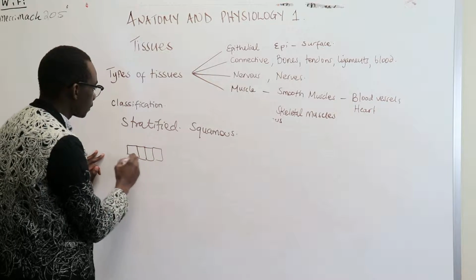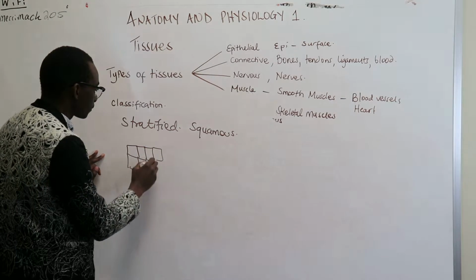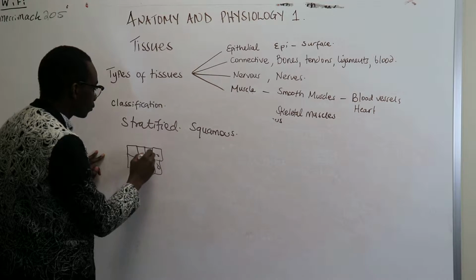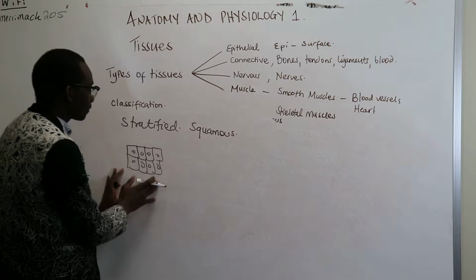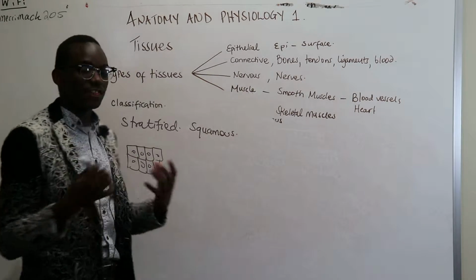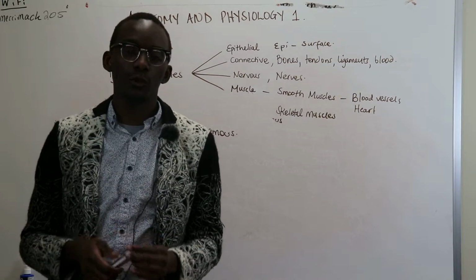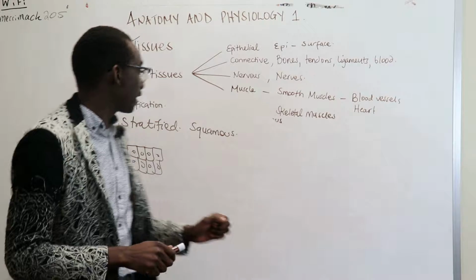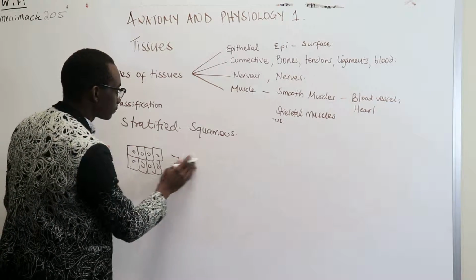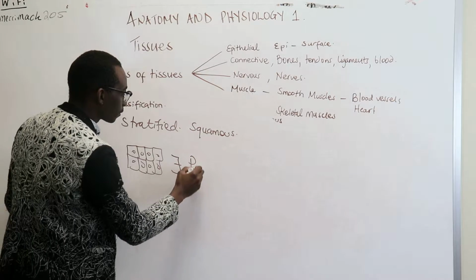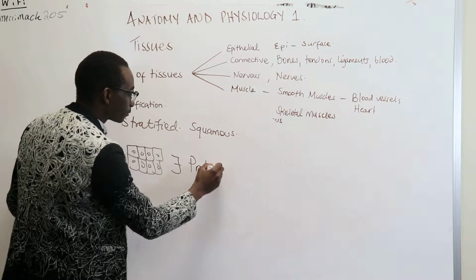So these cells are packed on top of each other. Therefore, we can see that they have a thick layer rather than the thin layer we saw in the simple squamous cells. So here they are going to play a function in protection.